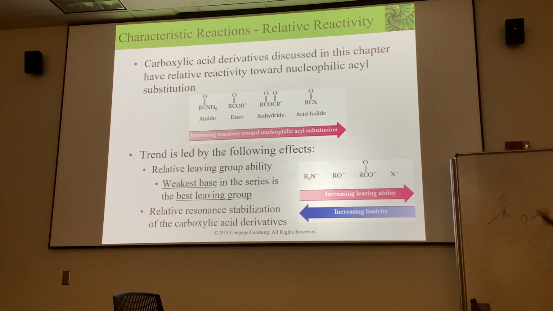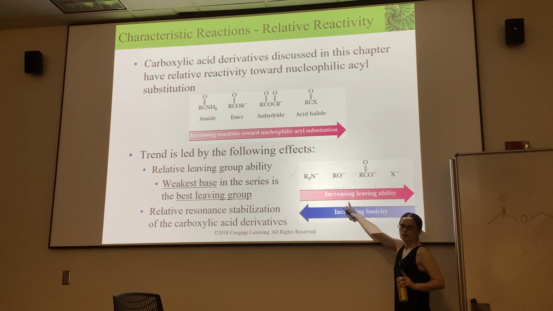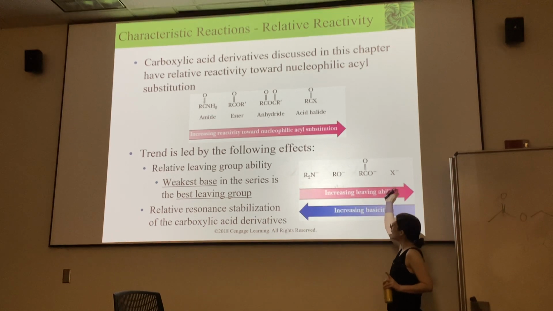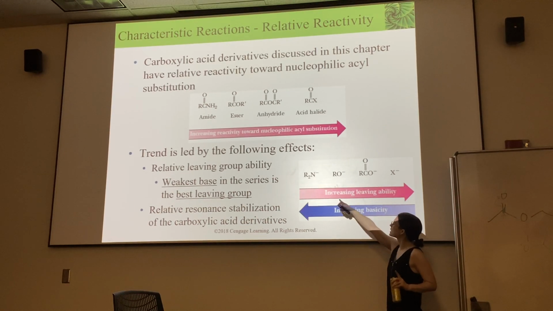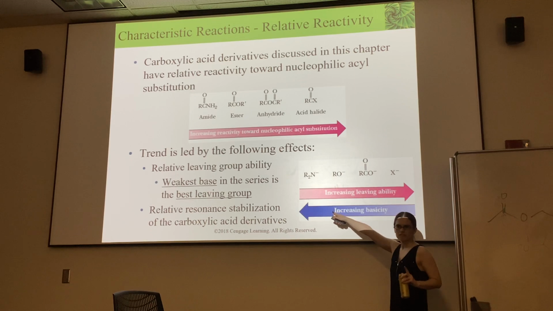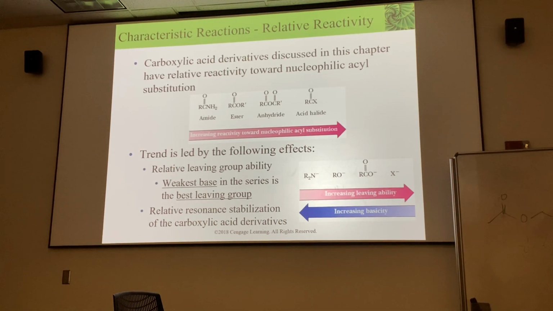That makes sense? Better leaving group, more stable, better conjugate acid. Less stable, better base, worse conjugate acid. Yeah? Okay.